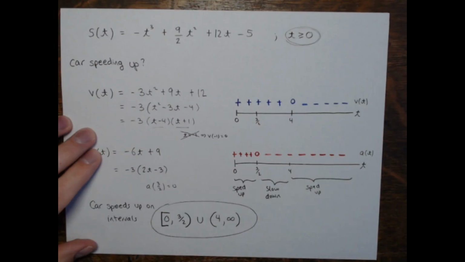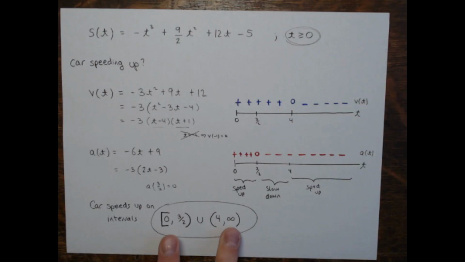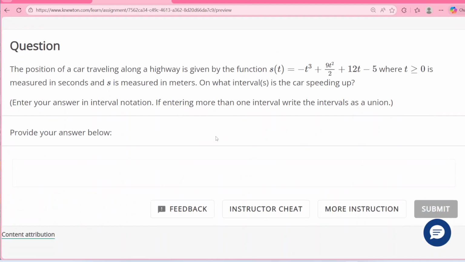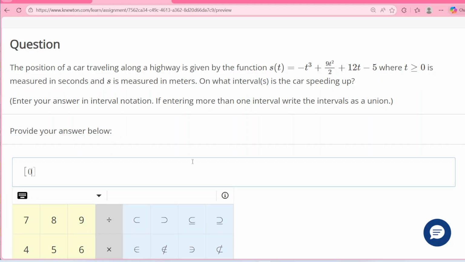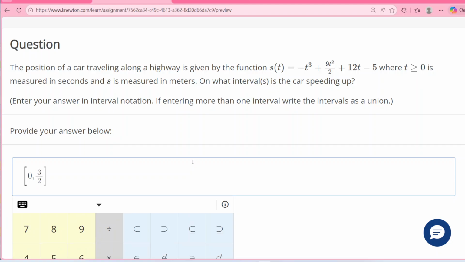So there's what I'm going to be entering: the intervals of time for which this car would be speeding up, getting faster in whatever direction. My first interval was bracket, 0, comma, and then 3/2, and then parentheses after that.